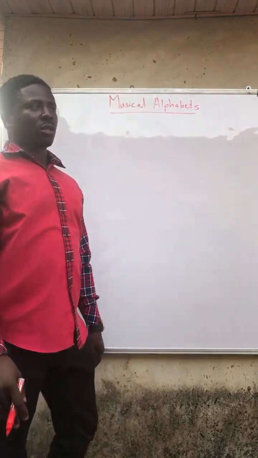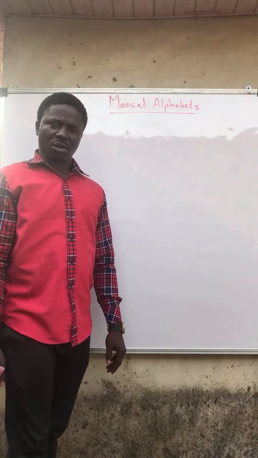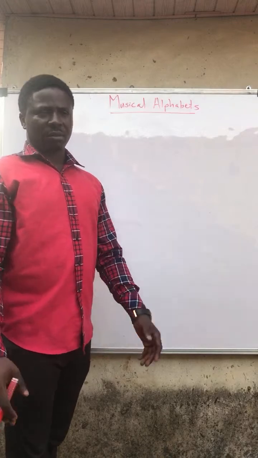So we're starting from the musical alphabet. What is the musical alphabet? The musical alphabet is seven alphabets.